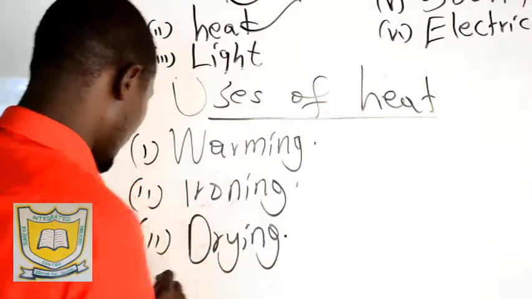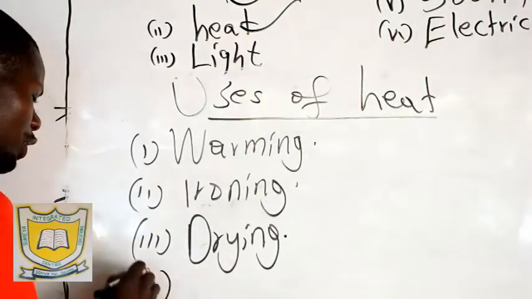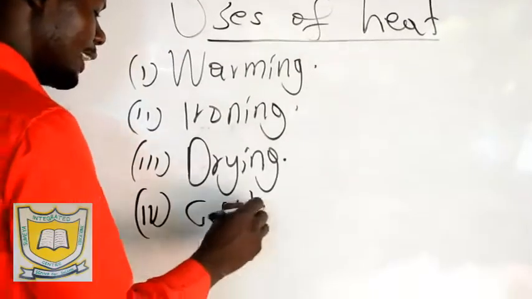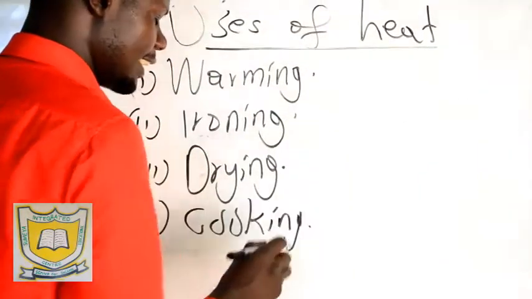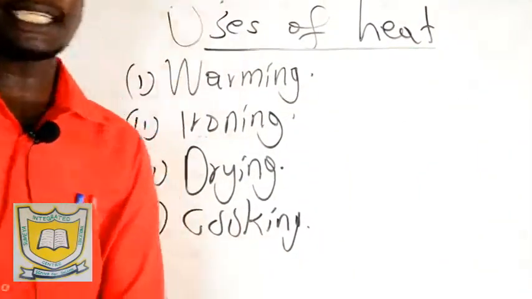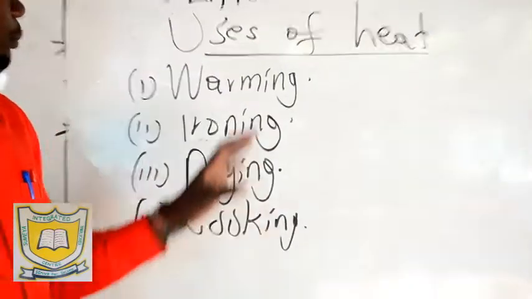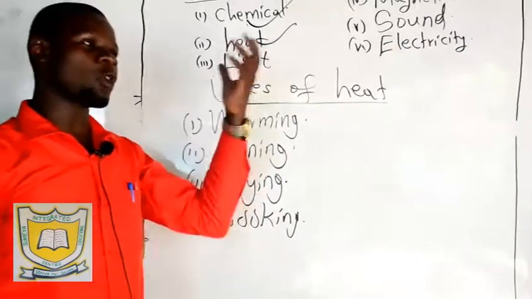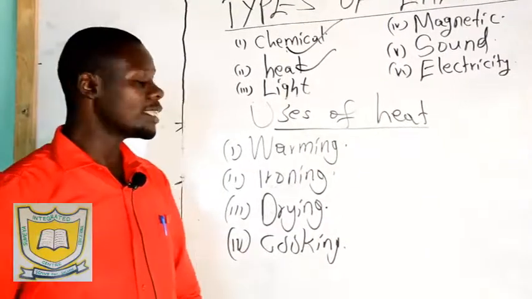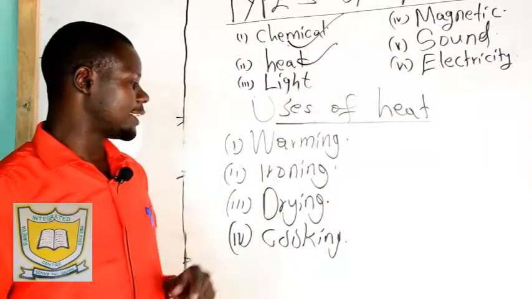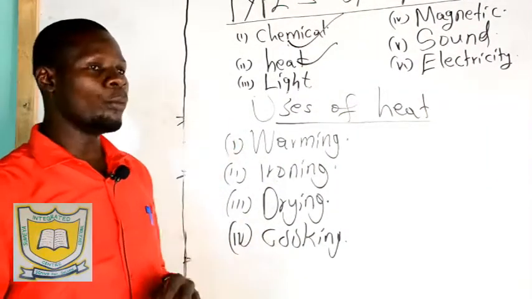Number four, heat is used for cooking. Heat energy is very important in our daily lives because it is serving these purposes and also others. But when you are asked what are the main function of heat energy, you have to talk about warming.